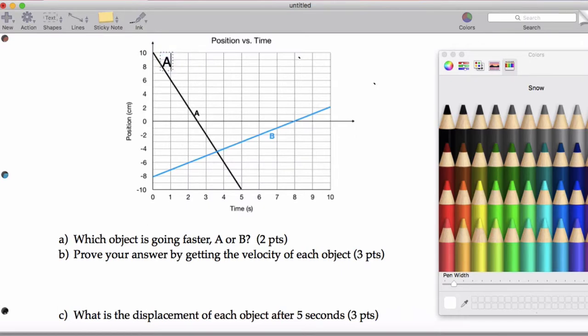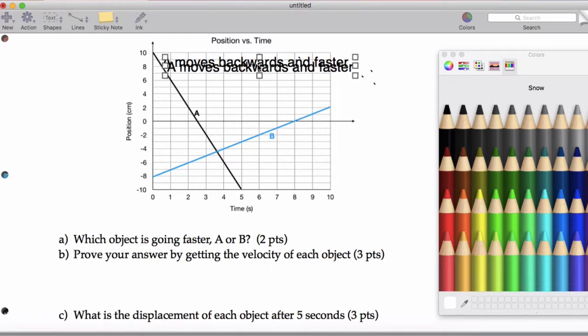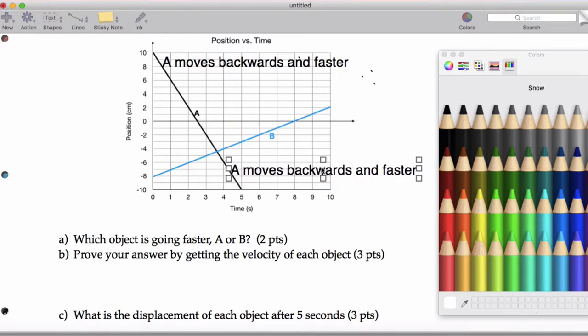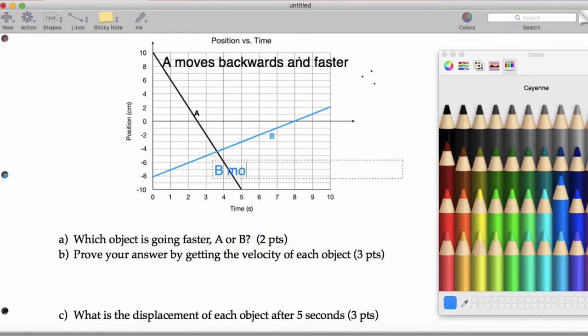So let's be clear, A moves backwards and faster. And then, just to be safe, I would say here that B moves forwards and slower. And we're going to prove this by actually getting the velocity of each object.